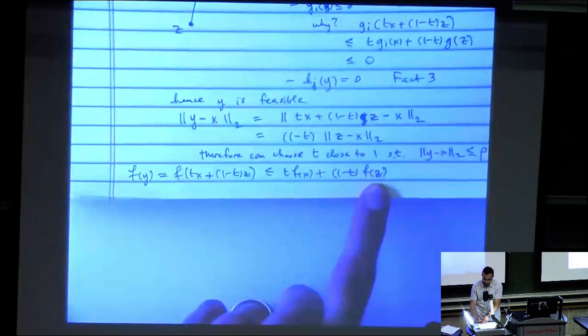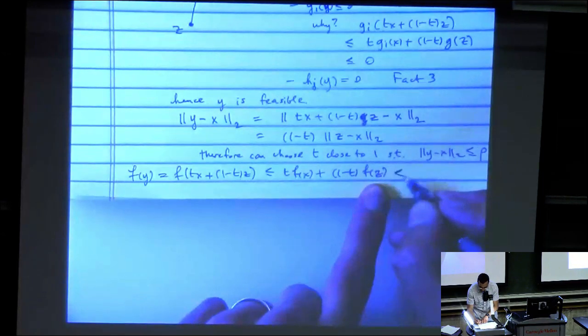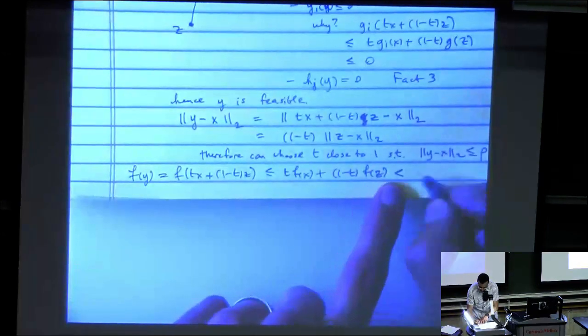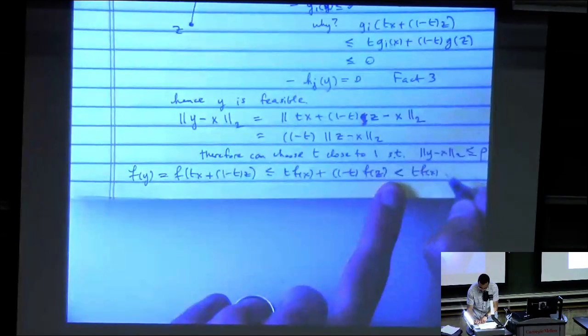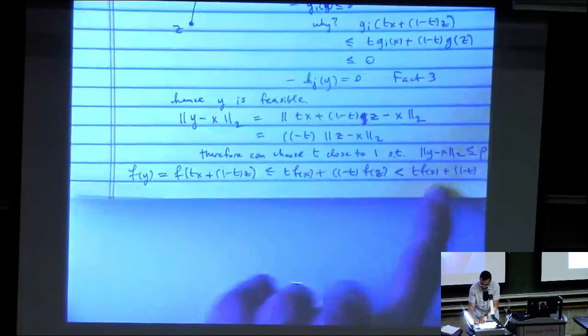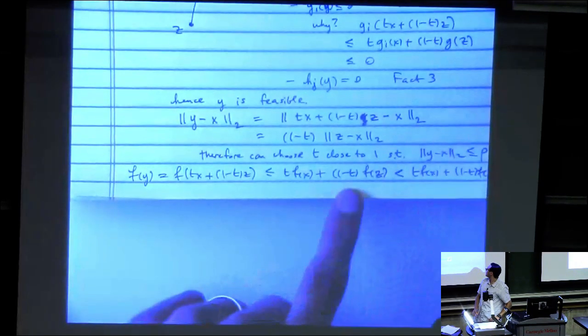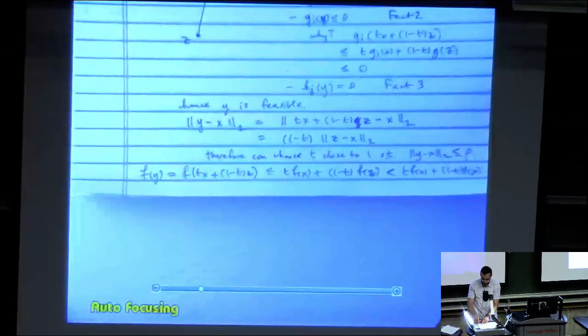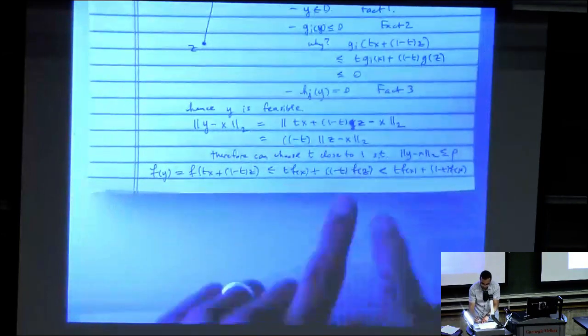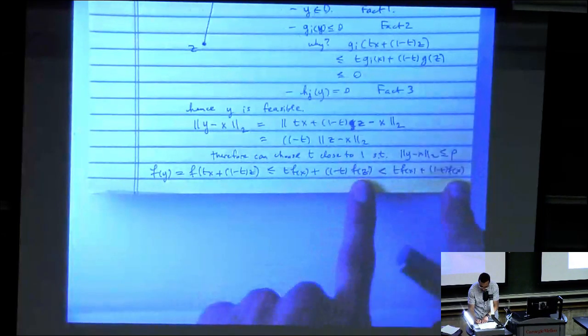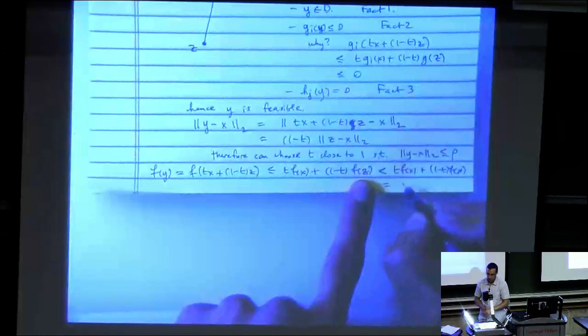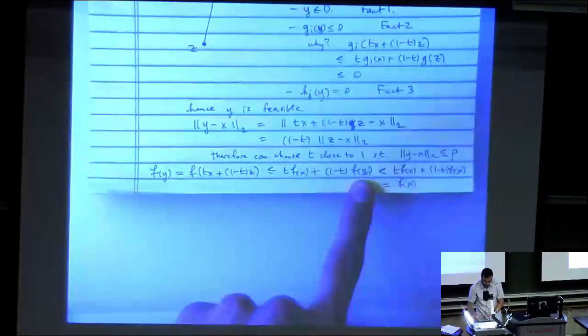So this is strictly smaller than t times f of x plus (1 minus t) times f of x, just using the fact that f of z is strictly smaller than f of x by assumption, and that's just exactly equal to f of x. Okay, so that's our contradiction.